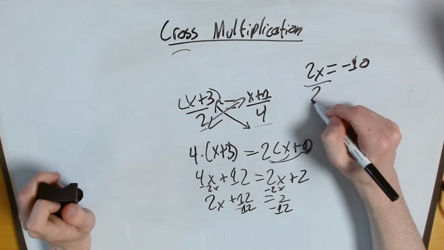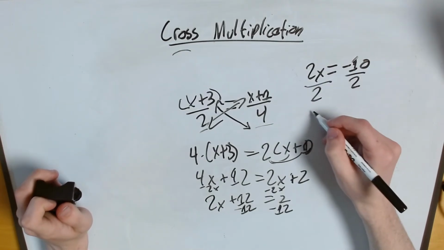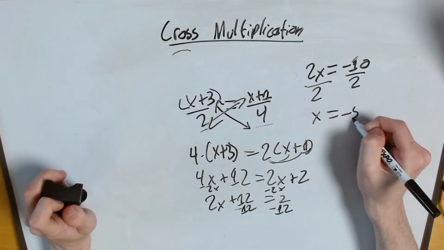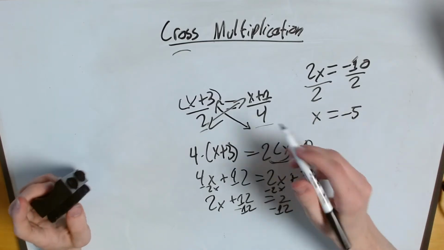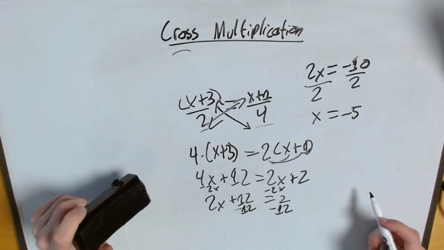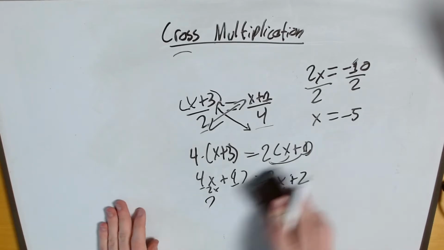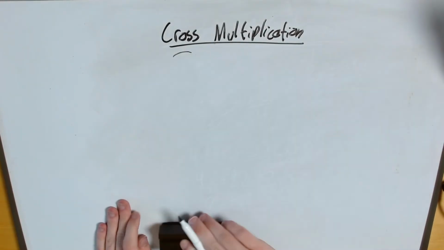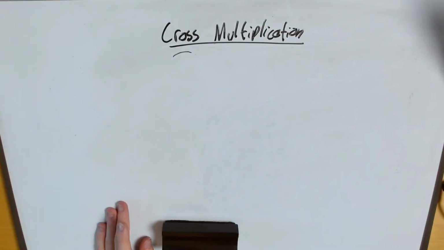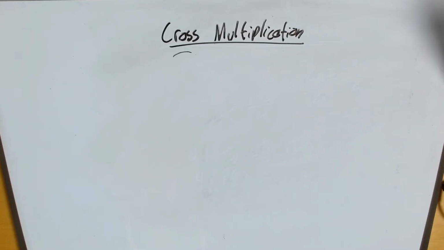I'm going to divide by 2. I get x is equal to negative 5. As you can see, we used cross multiplication to make this kind of messy equation into something nice and simple that we could work with very easily. And that is the magic of cross multiplication. We can take a very complicated problem and make it so much easier for us.